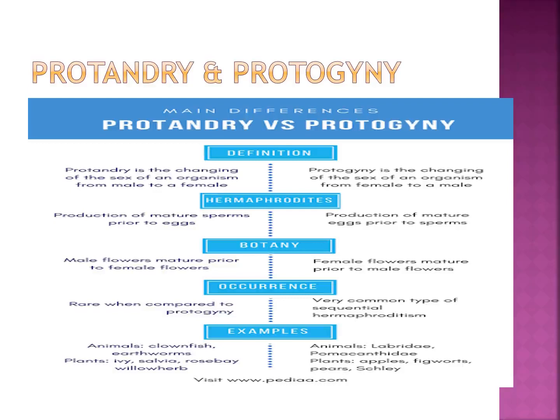Examples in animals, clownfish, and in plants, salvia. Animals, labrid. The protogyny example in plants is apples. Okay, next one.